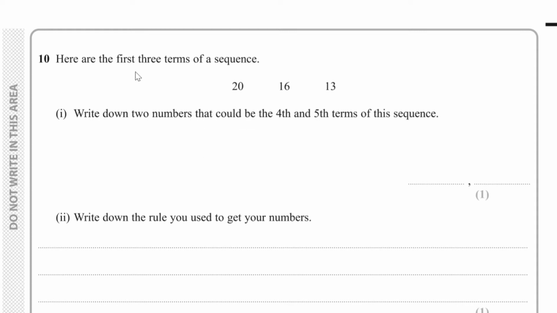Question number 10. Here are the first 3 terms of a sequence. For the first part, we have to write down 2 numbers that could be the 4th and the 5th terms of this sequence. Well, to go from here to here, we subtract 4. And then to go from here to here, we subtract 3.